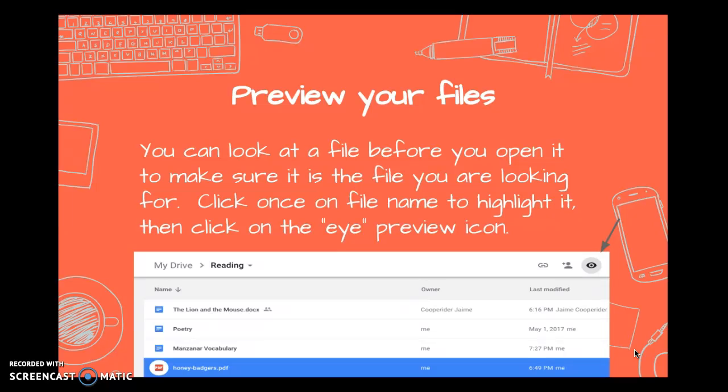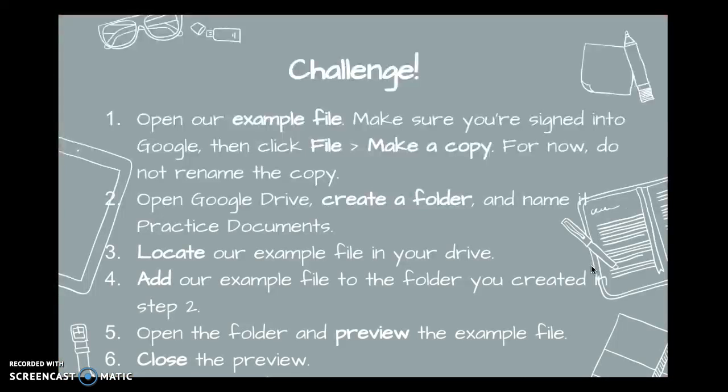So if you're wondering if this is the exact file that you're looking for, you've got several files that have a similar name, you can just click one time on that file so that it's highlighted in blue, and then you can go up and click on the eyeball, and it will show you a preview of the first page of your file. So I thought that was kind of a handy tip. That'll come in very handy for all my kids that have their untitled presentations and untitled documents.